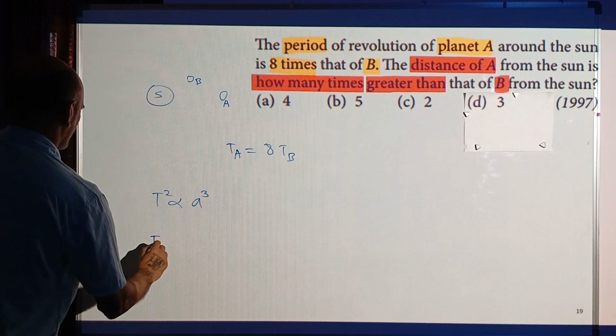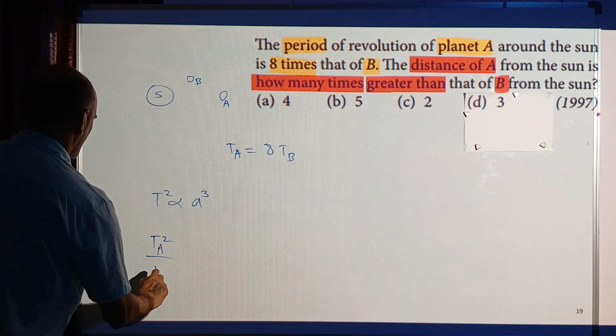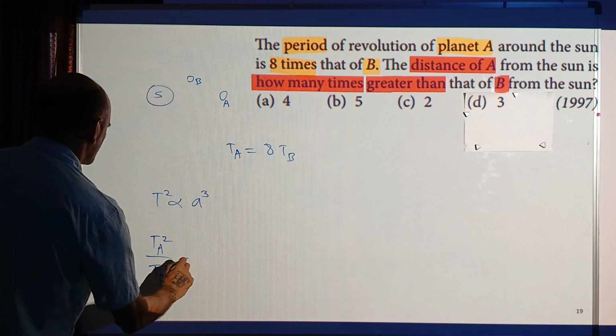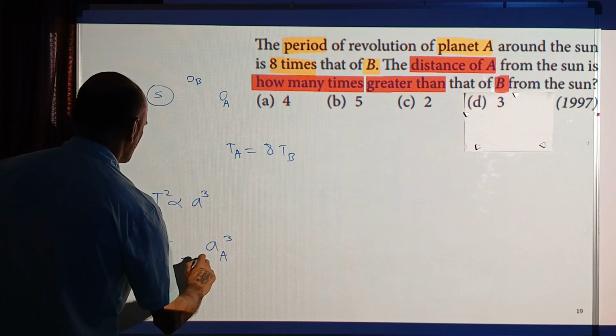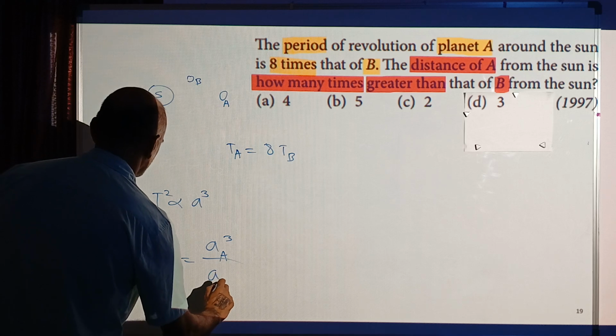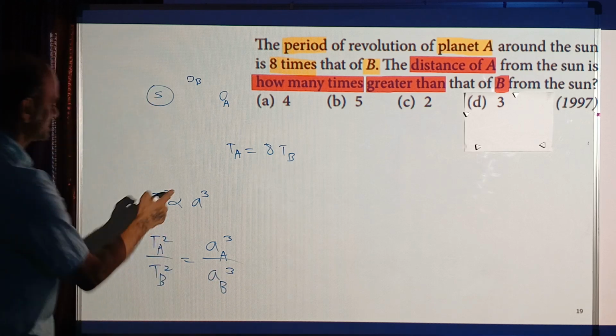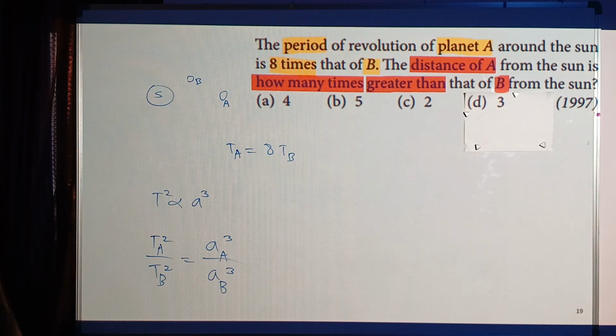So TA square by TB square should be equal to a for planet A cube by the semi-major axis of planet B cube. This is Kepler's third law.